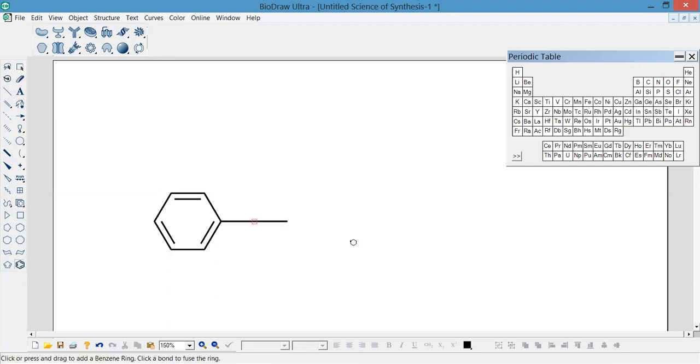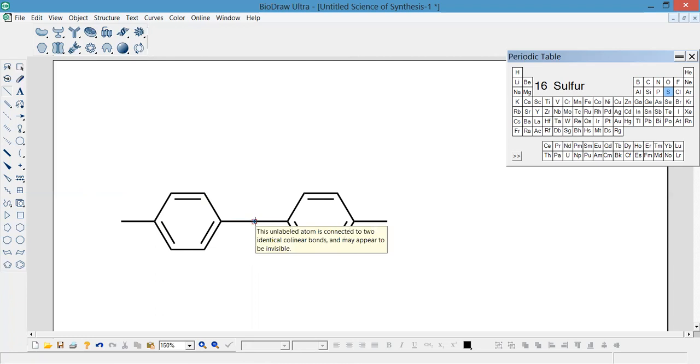Now add another benzene ring, and add different types of bonds like this. Now add different types of atoms: sulfur is present in the center of the dapsone, with two double bonds representing the sulfone group.